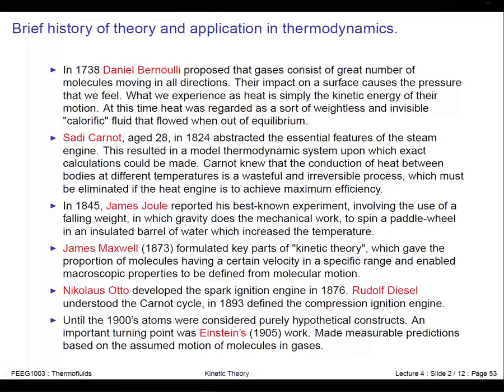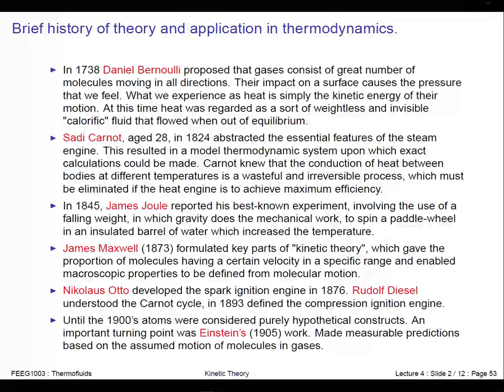We came across James Joule in the previous lecture. He was interested in trying to work out the heat capacities of fluids, and we are going to define what the heat capacity is for a gas theoretically in this lecture.